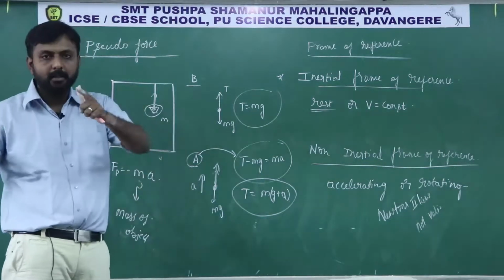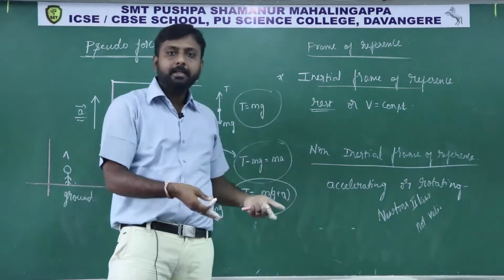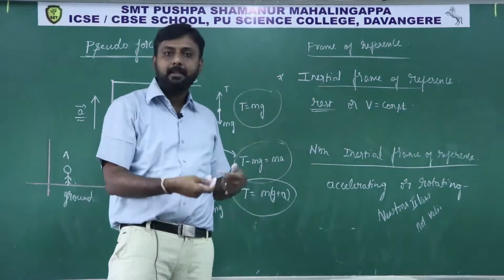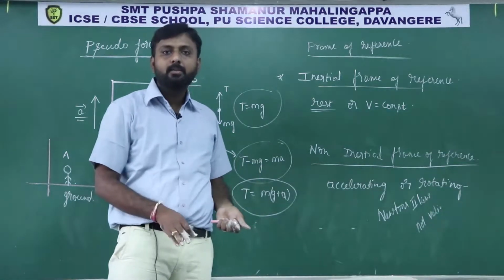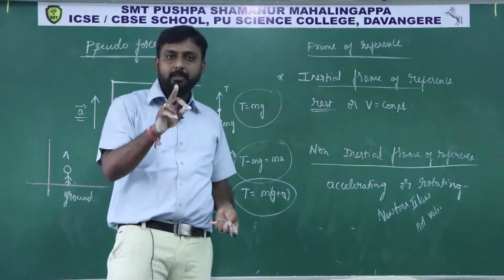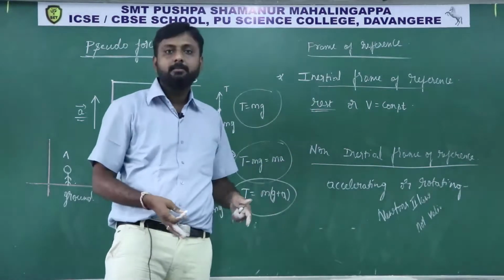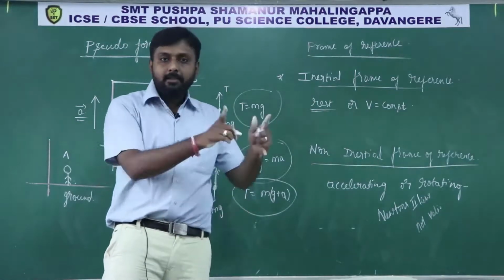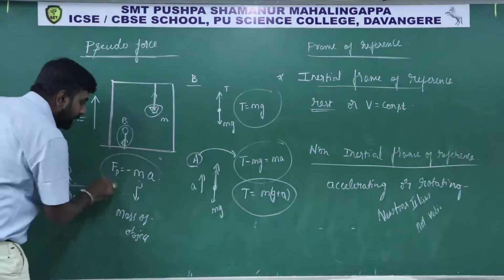If an object is accelerating in this direction, you are in a non-inertial, accelerated frame. At that time you need to apply the pseudo force. The pseudo force magnitude is the mass of that object times the acceleration of that system, but the direction should be opposite. That is minus m into a.